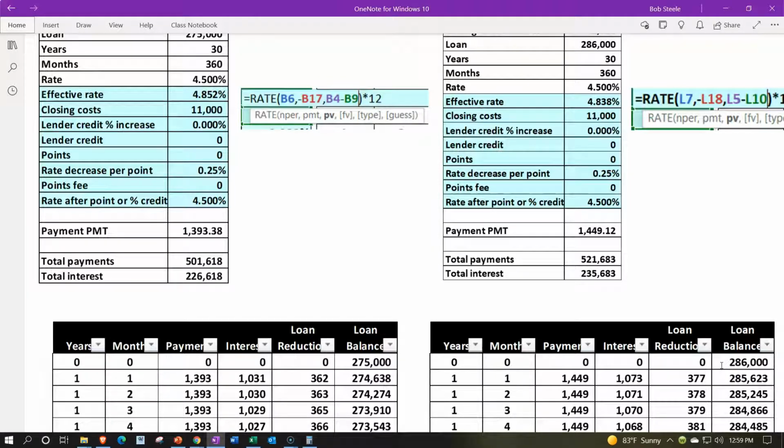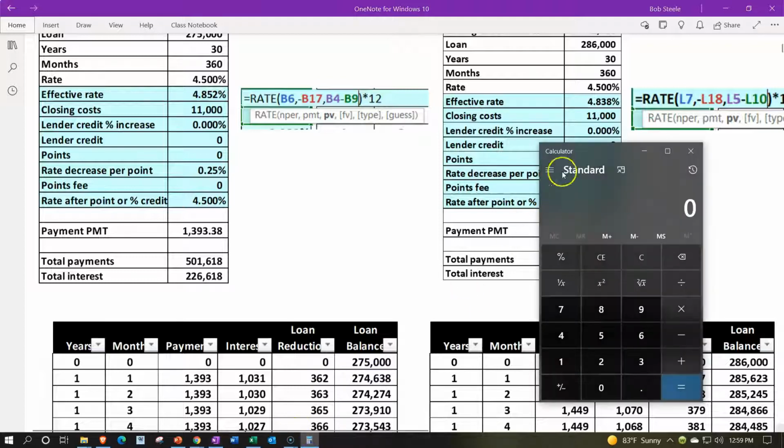We actually increased the loan amount at this point, because we rolled the closing costs into the loan, that increased the payment amount. So the exchange here would be that we got the cash flow up front, allowing us to get the deal done. And in exchange for that increased loan amount, which of course will increase the payment amounts, it will result in us having to pay interest on the amount of the closing costs as they're rolled into the loan.